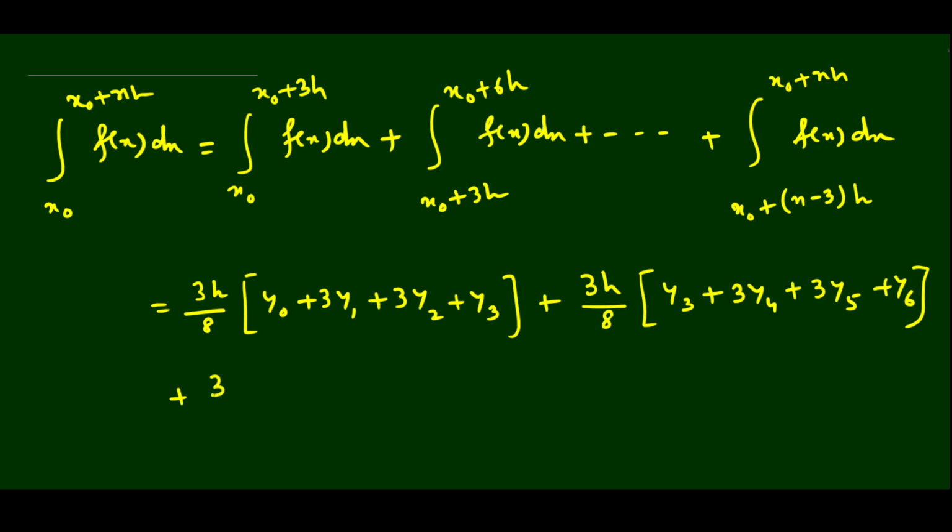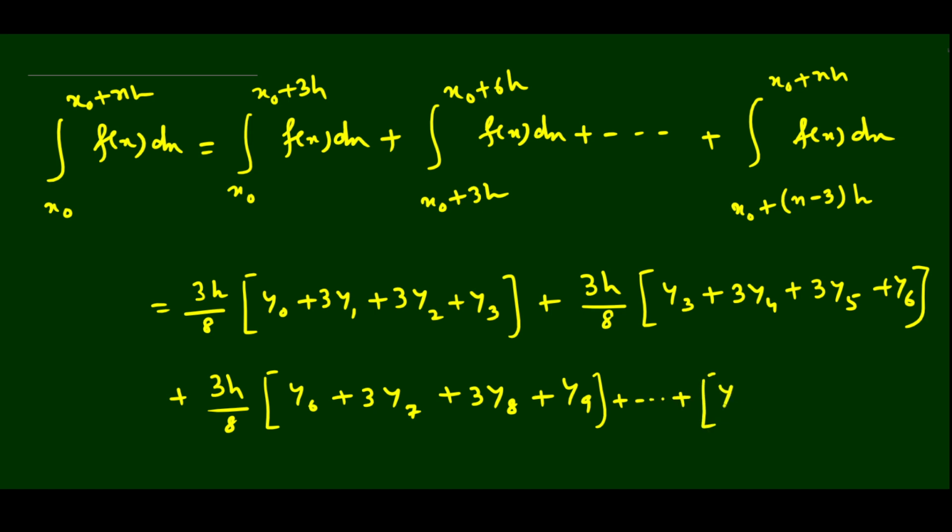Then if we write one more term, 3h/8, y6, 3y7, 3y8, and then y9. And finally, our last term will be yn minus 3, 3 into yn minus 2, 3 into yn minus 1, and the last term is yn.